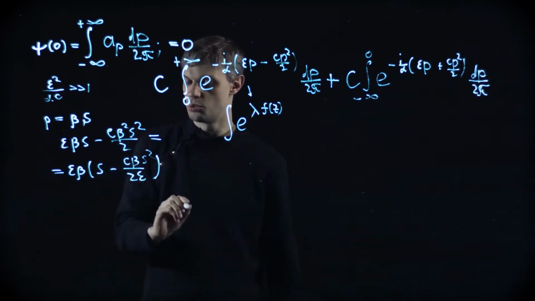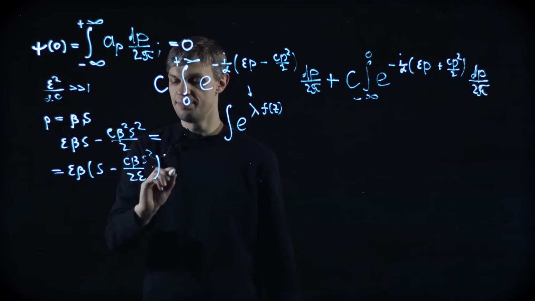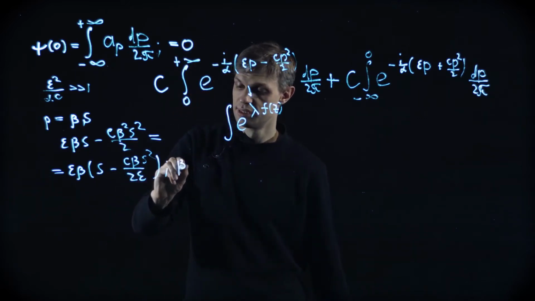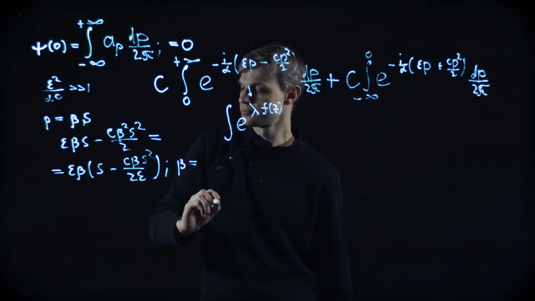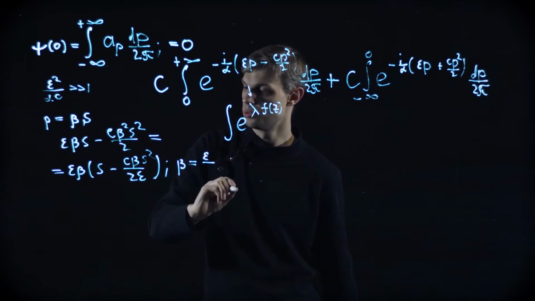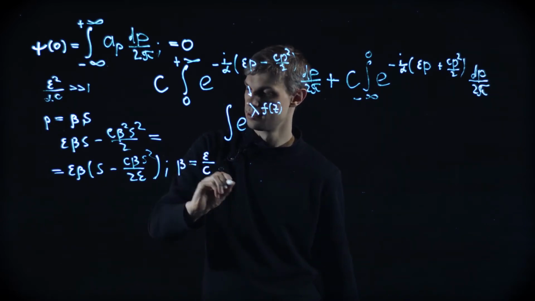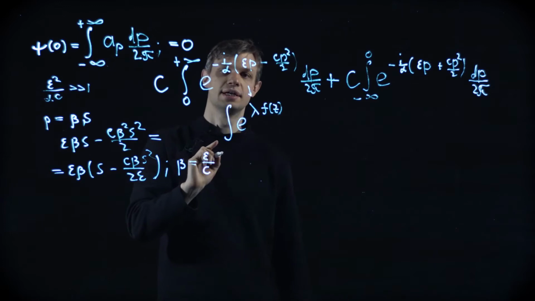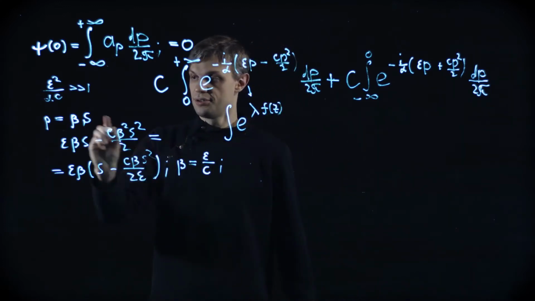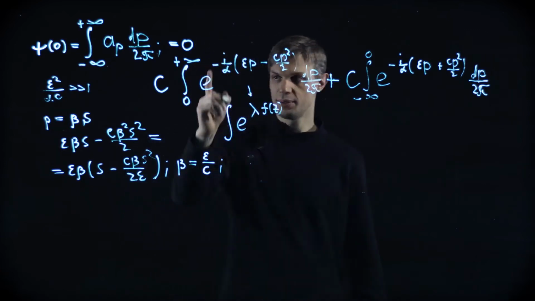And so we want this epsilon to disappear completely from these brackets. And that means that beta is to be chosen as epsilon over c. So let's introduce that kind of rescaling and see what happens.